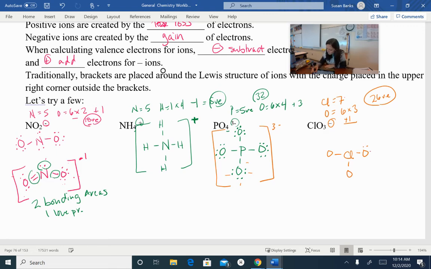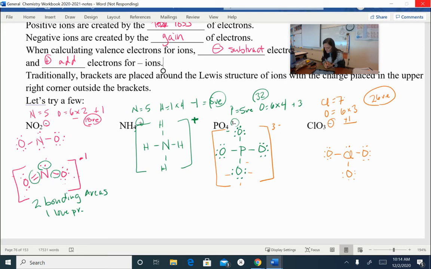So they need 3 lone pairs to satisfy their octet. So I'm going to put 3 lone pairs on each of these oxygens to satisfy their octets. Okay? Now chlorine in the middle has 3 bonds to it, so that will give me 6 electrons. So chlorine needs a lone pair to satisfy its octet.